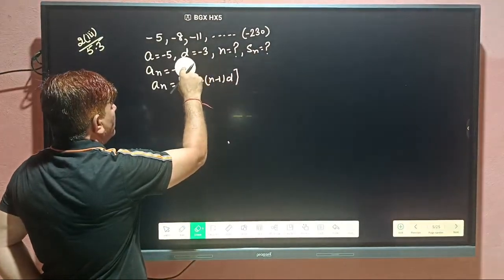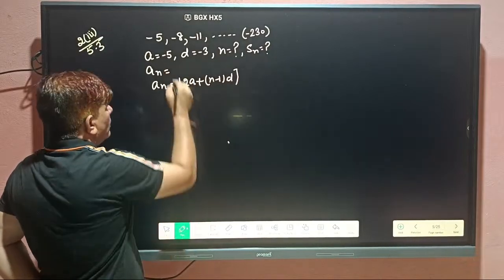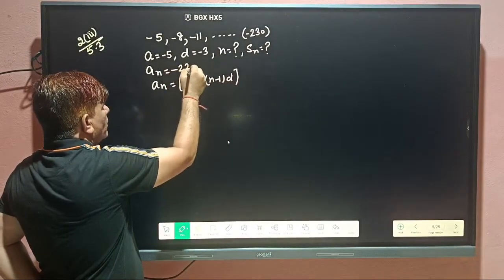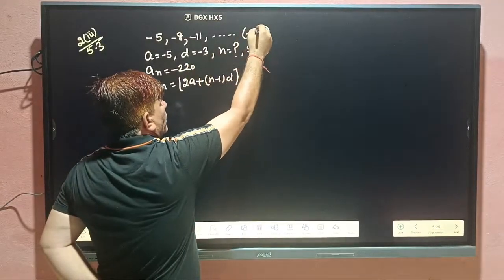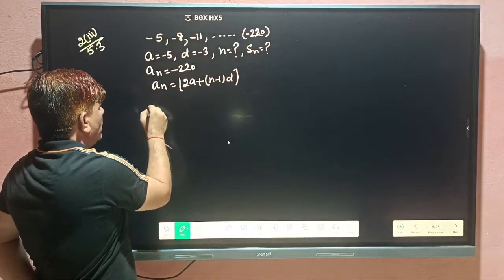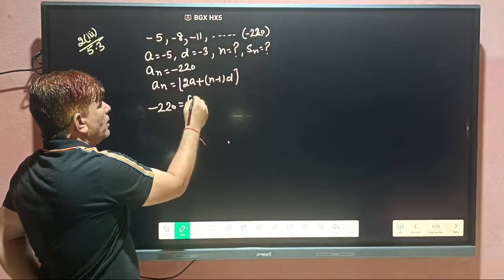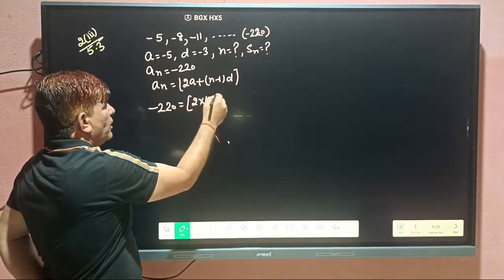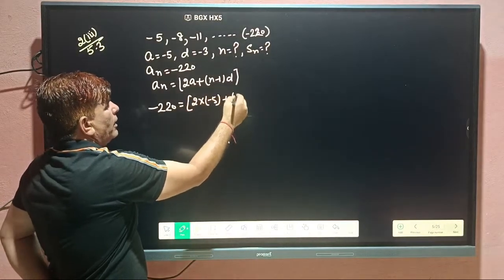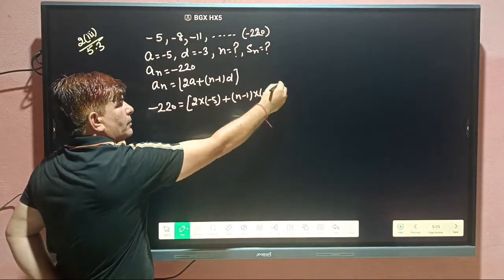So here what's coming? Minus 220. Here also minus 220. So we can apply this formula: minus 220 equal to 2 into minus 5 plus (n minus 1) into minus 3. Got it?